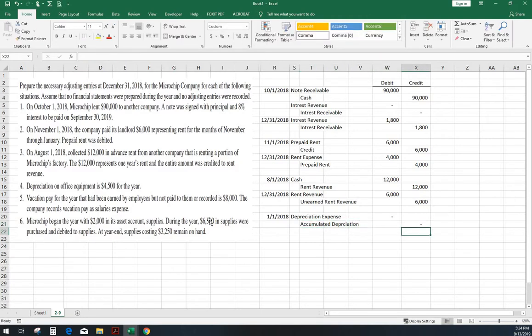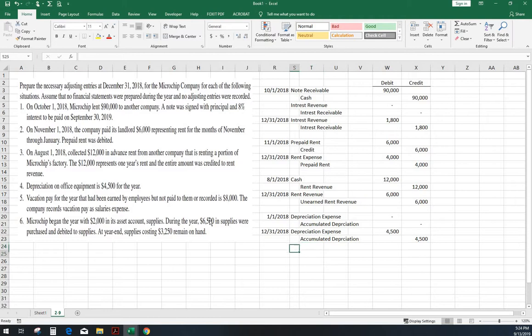We're just checking our machines. Nobody's used them yet. But by 12/31/2018, they have used the equipment for $4,500. So our depreciation expense is $4,500, and our accumulated depreciation is $4,500.